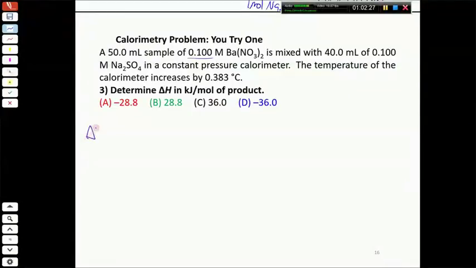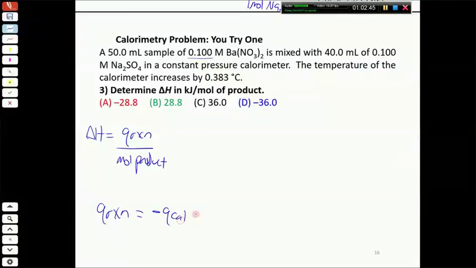Remember that delta H is equal to the heat of reaction divided by the moles of product. In the first step, we determined that the heat for the calorimeter was positive 144, so the heat of the reaction is just the negative of that.